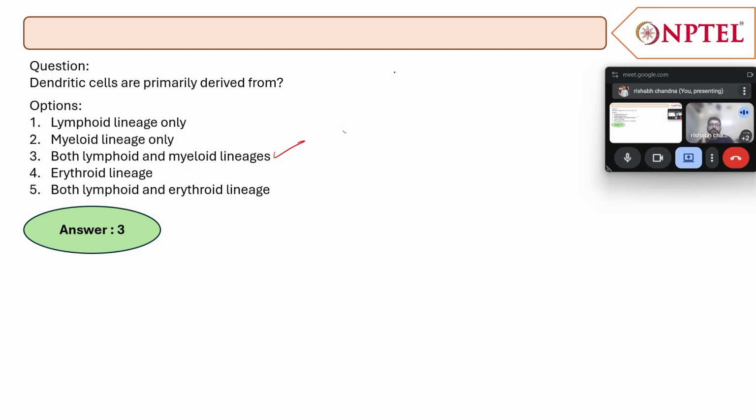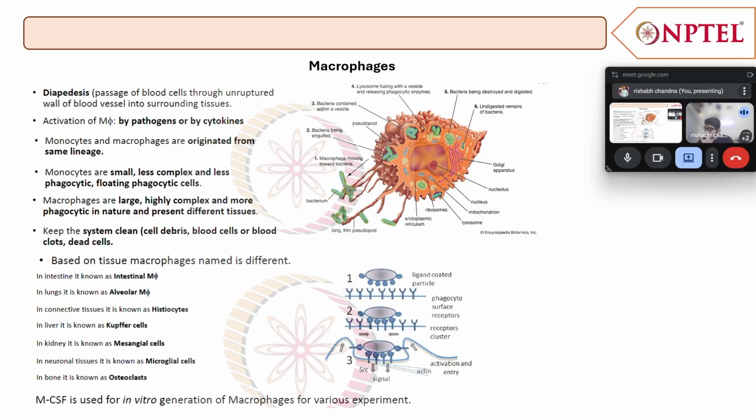Okay, so let's move further to the next cell lineage, that is macrophages. Okay, so macrophages are the most important cells in the immune system. These are present as monocytes in the blood.